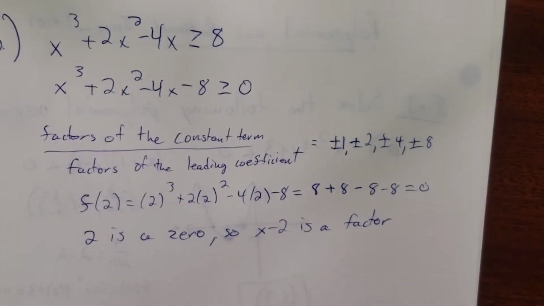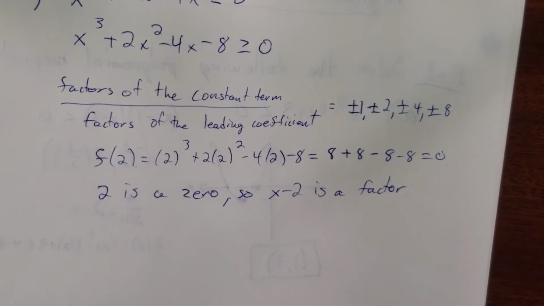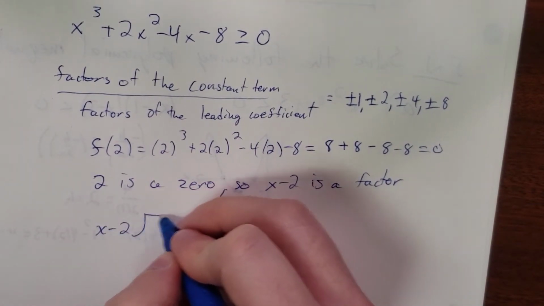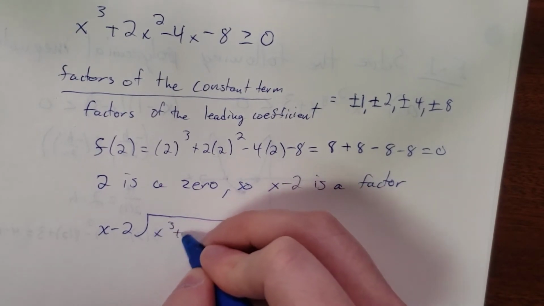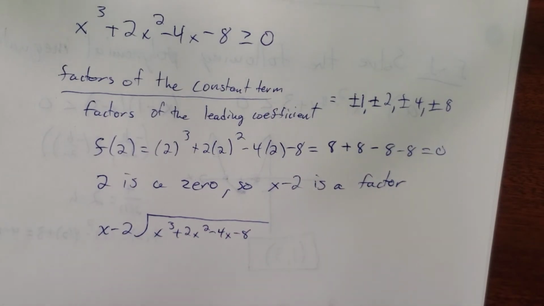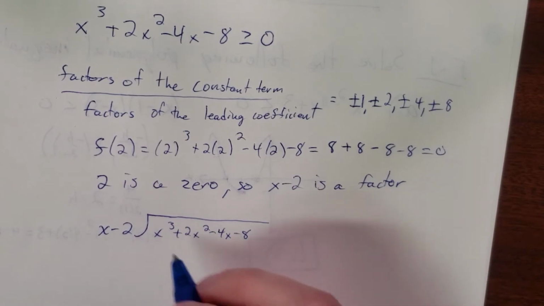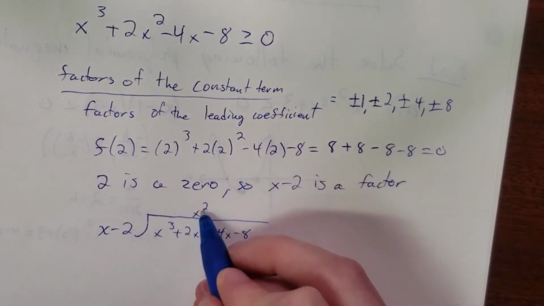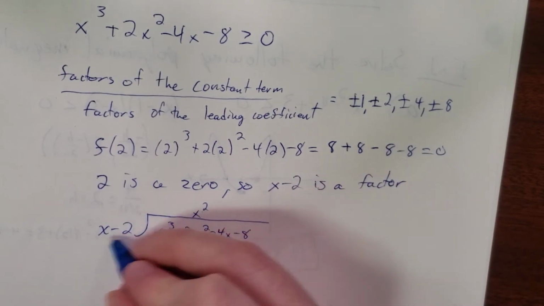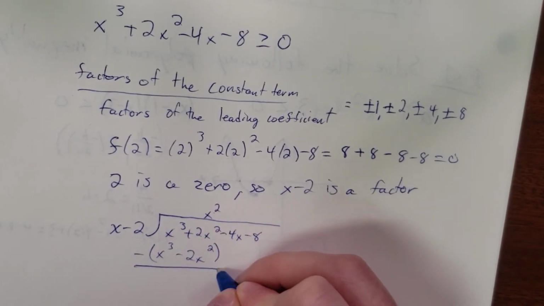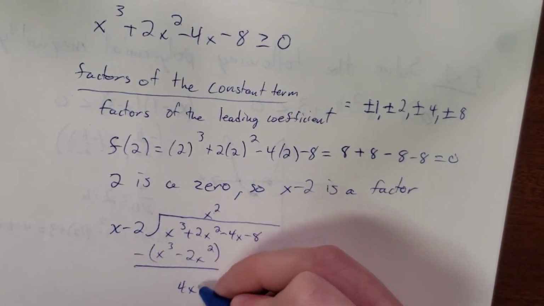So what does this mean? This means we can use the information from the previous section to determine the rest of this polynomial when we divide out an x minus 2. So we divide by x minus 2 here. All right, x goes into x cubed, x squared times. X squared times x is x cubed, and we have a minus 2x squared here. Subtract this off, and we get a positive 4x squared.